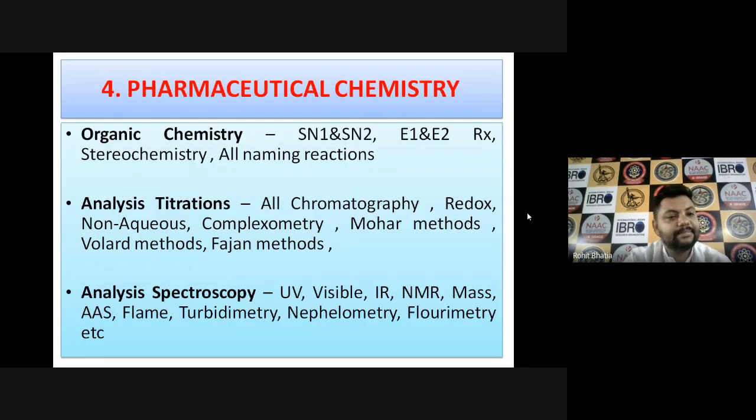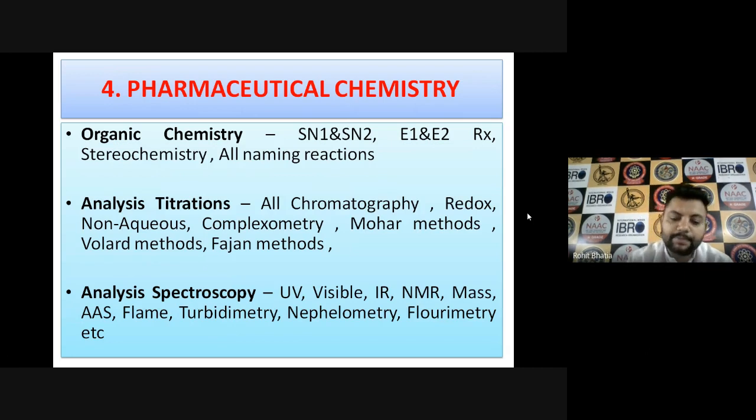In pharmaceutical chemistry, you should go for organic chemistry. If you are not well familiar with organic chemistry, just focus on topics like SN1 and SN2 reactions, E1 and E2 reactions, stereochemistry, and all kinds of naming reactions. In analysis, focus on titrations, all chromatographic techniques, redox reactions, non-aqueous titrations, complexometry, Mohr's method, Volhard's method, and Fajans method.